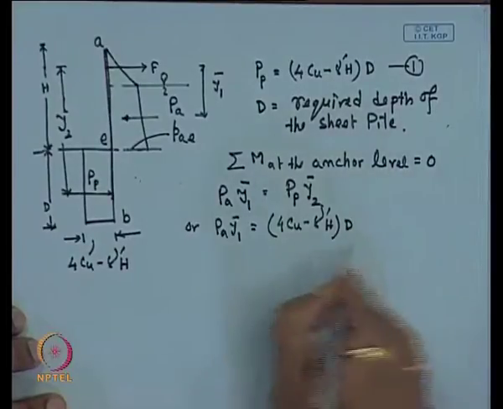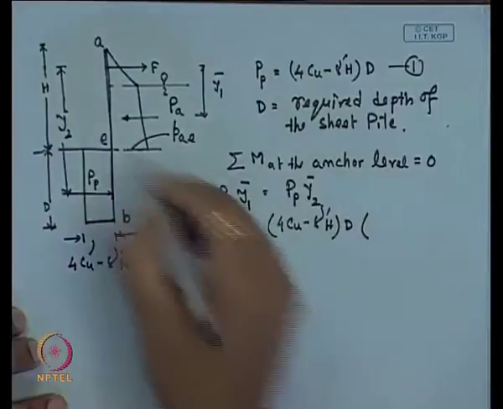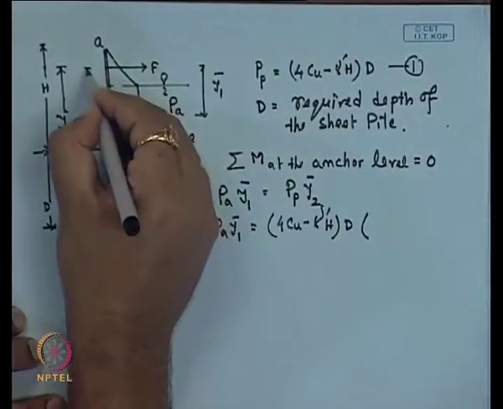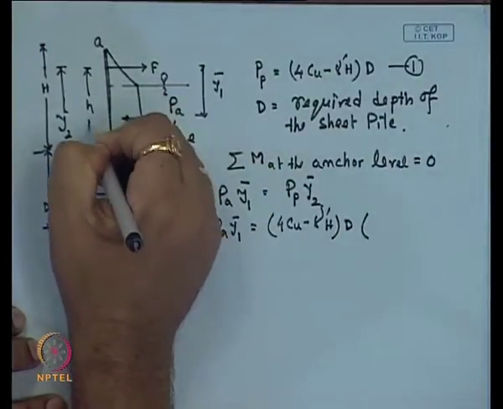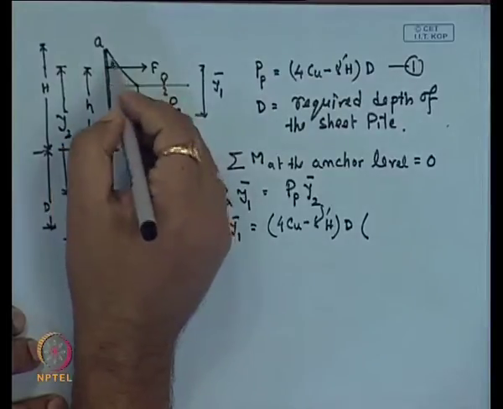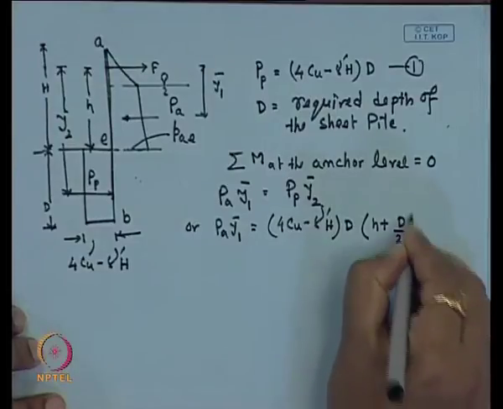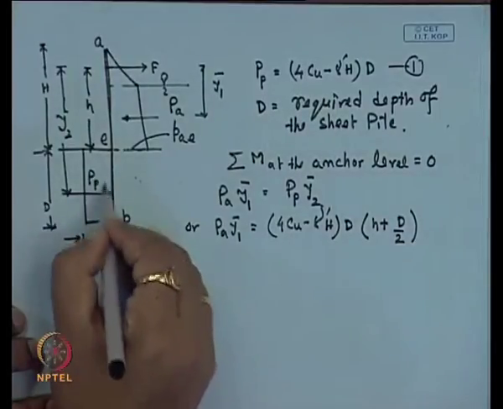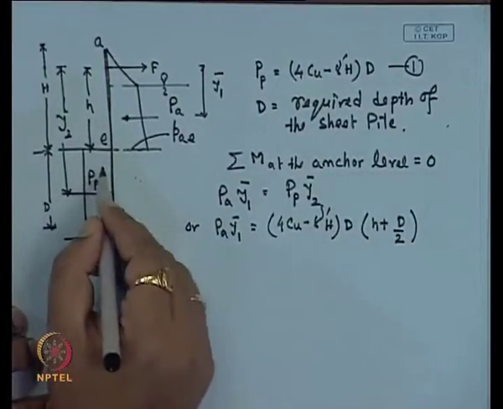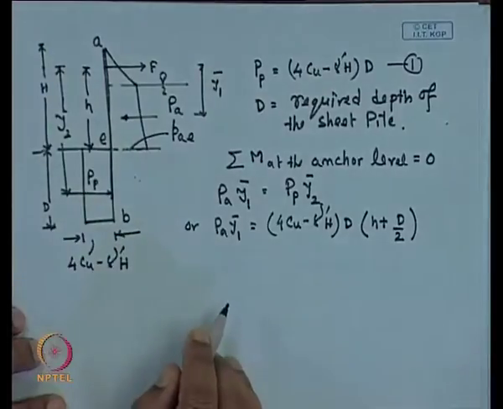into D, and the lever arm is, if this is the small h from rod level to dredge level, the small h plus D by 2, because it will act at the center of the rectangle. So, this is D by 2.